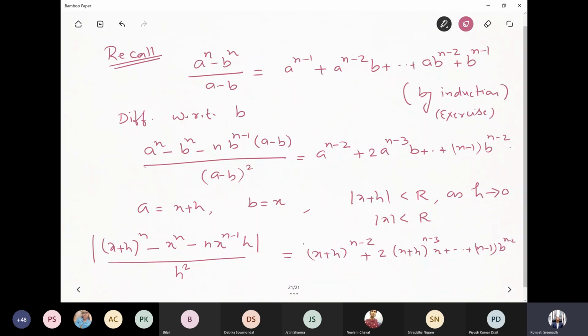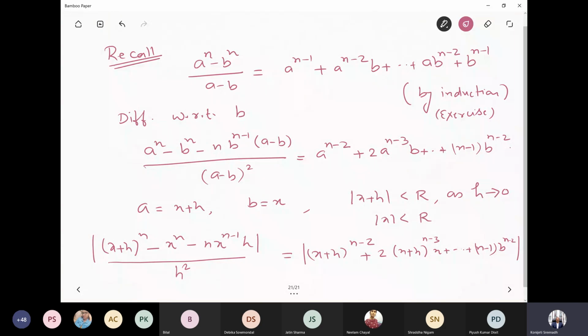So when I take the absolute value in all this, we can write this is less than or equal to, right? |x + h| is less than r, so everything is going to be less than r^(n-2).